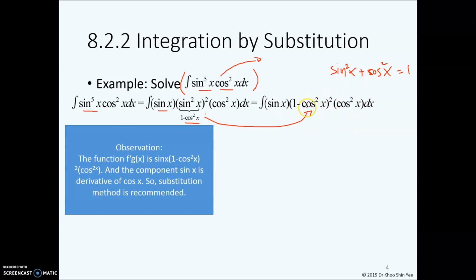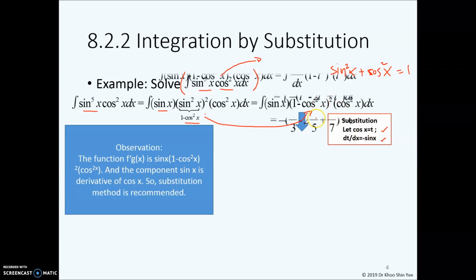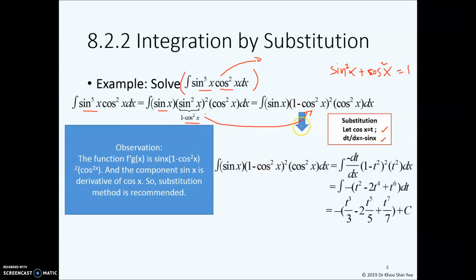In this case, let t equal to cos x, because we know dt over dx gives the negative sine. So we make the following substitution: let t equal to cos x, so dt over dx equals negative sine x. We substitute inside, then you should get this.